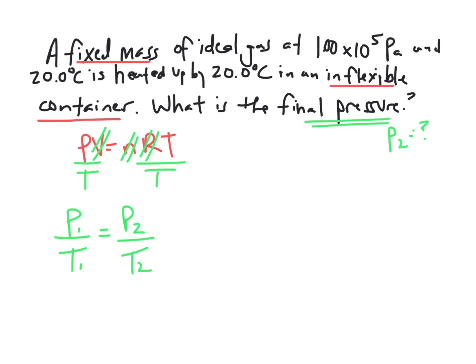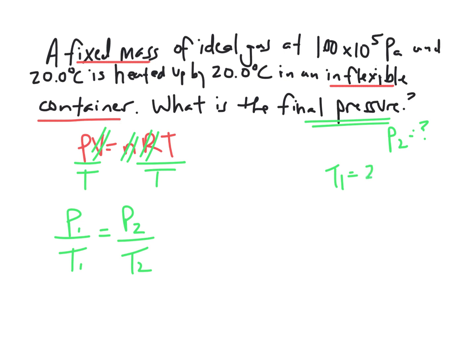What we do have, what's T1? Well, the initial temperature, it says, is 20 degrees Celsius. Remember, for all of these problems, anytime we have to put data in and start solving things, we want to make sure it's converted to the proper units. So we're going to convert T1 to Kelvin, right?